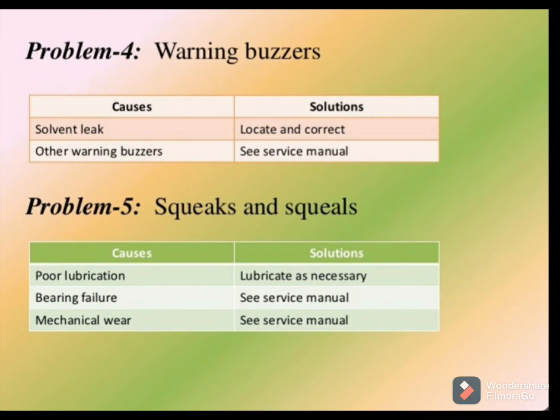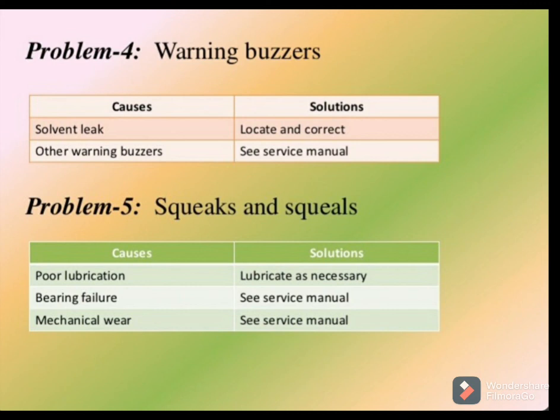Next, warning buzzers. What is the cause of buzzers? Solvent leak: locate and correct it. If an alarm and warning are coming, then locate the leakage and correct it. Other warning buzzers: then see the service manual. Squeals: what is the cause of these? Poor lubrication: then lubricate as necessary.